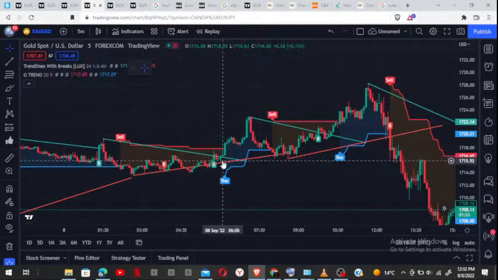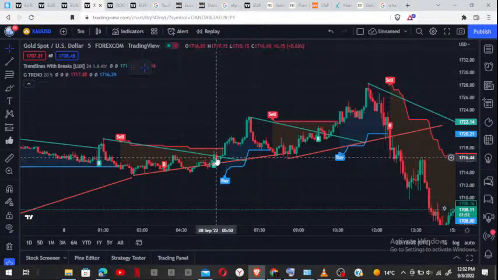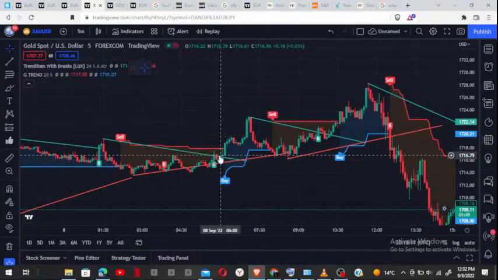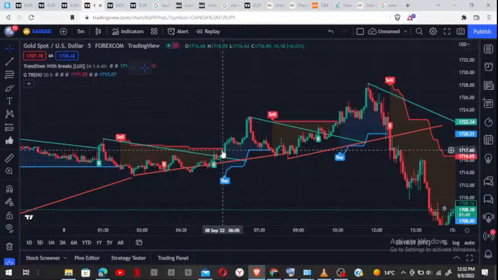So if you want to take buy positions in the market, you need to take buy positions when these candlesticks, the price of the pair that you're trading, is above the green line. That will give you a signal to take buy positions. And guys, trust me, this has been working so perfectly most of the time, because this is in the 5 minutes time frame.